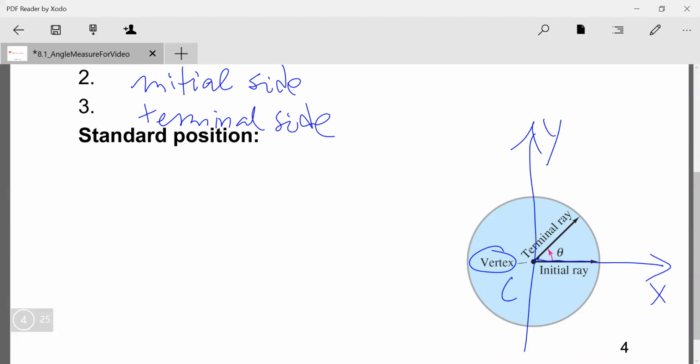If we position the vertex to be the origin and the initial side, or initial ray, to be the positive x-axis, then we call the position of the angle the standard position. So the standard position of an angle is when the vertex is the origin and the initial side is the same as the positive x-axis.